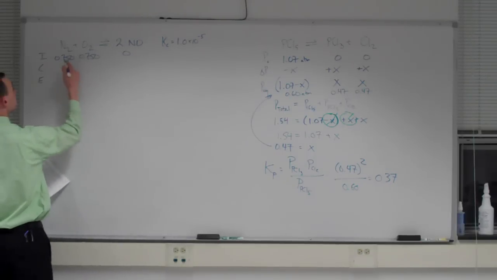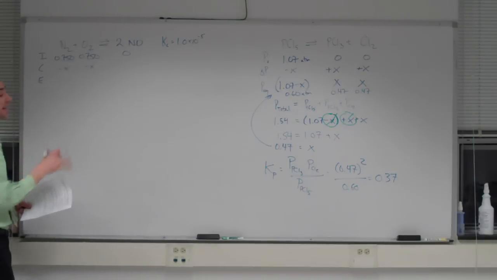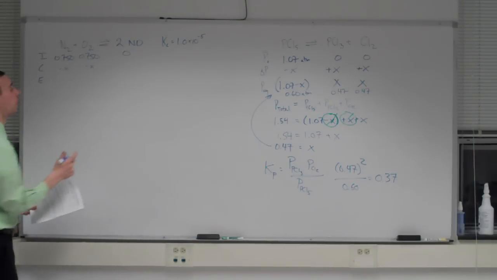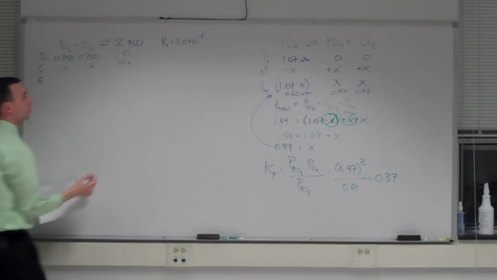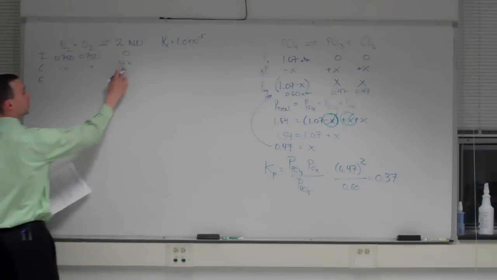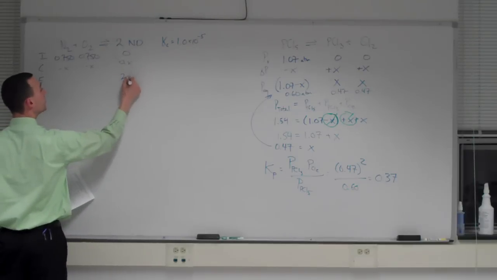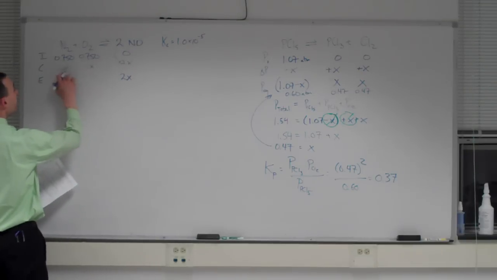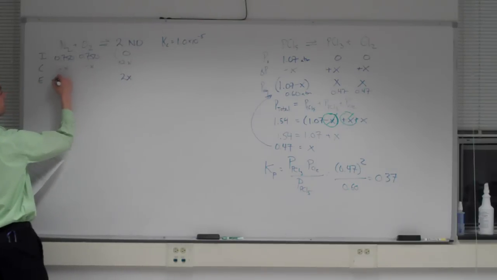Well, some amount of each of these reactants will react away, an equal amount because they have equal coefficients of 1. The coefficient of NO is 2, so we will produce double that amount over here. So at equilibrium, nitrogen monoxide will be 2x.